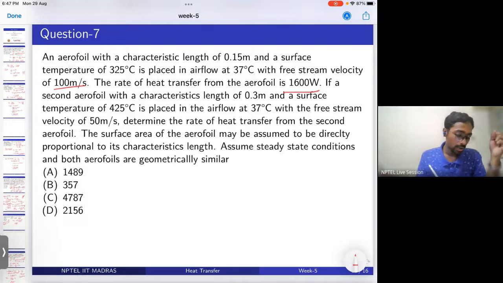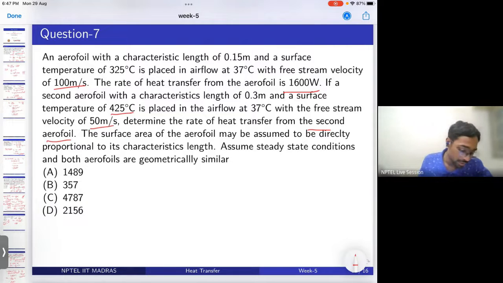If a second aerofoil with a characteristic length of 0.3 meter and a surface temperature of 425 is placed in the same airflow at 37 degrees Celsius with a velocity of 50 meters per second, determine the rate of heat transfer from the second aerofoil. This is our question.